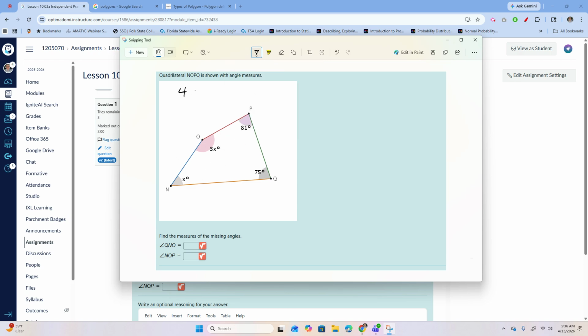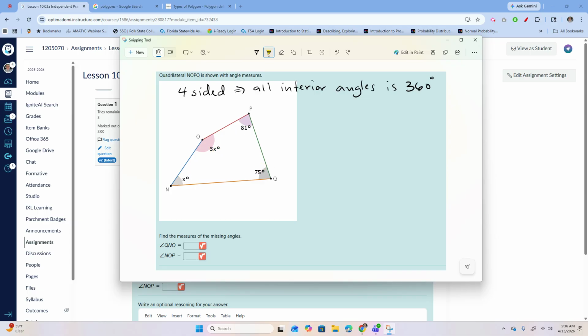Again, this is a 4-sided shape, and all interior angles add up to 180. Oh, I'm sorry, not 180, 360. So I'm going to take all of these angles and add them up.